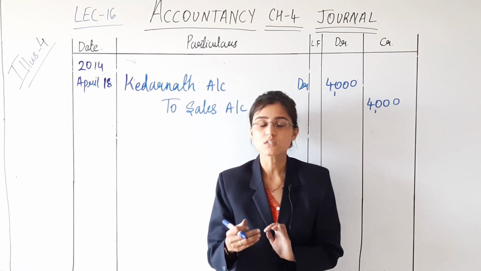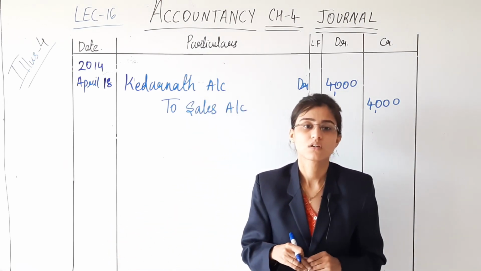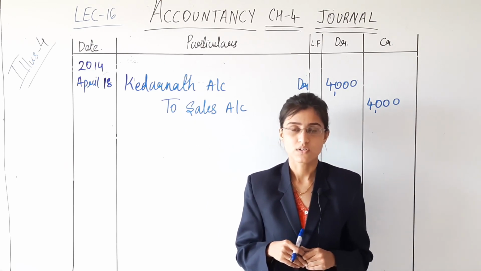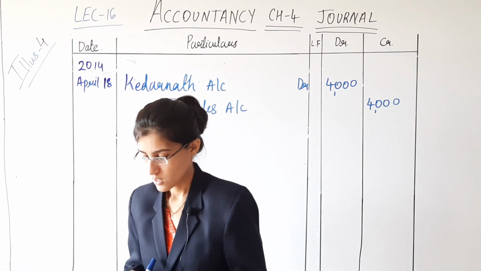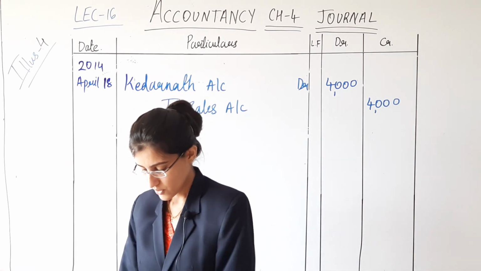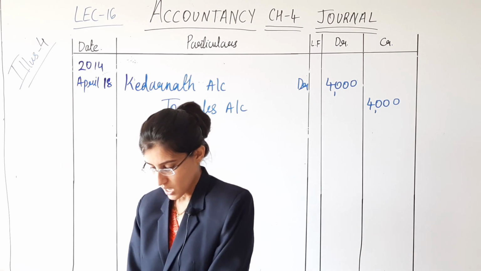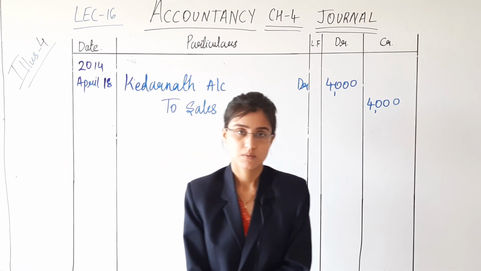Hence it is written here, loss on goods destroyed by fire account debit. Okay. Then the next transaction says 22nd of April, half of the goods returned back from Kedarnath.